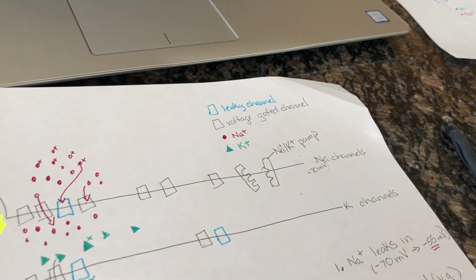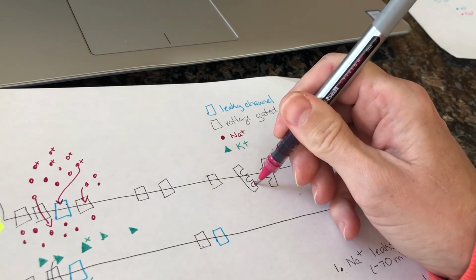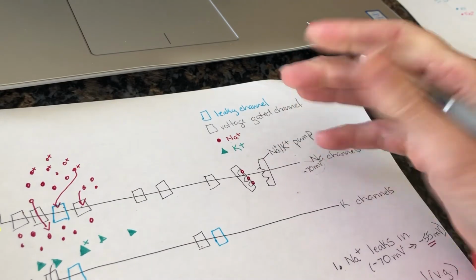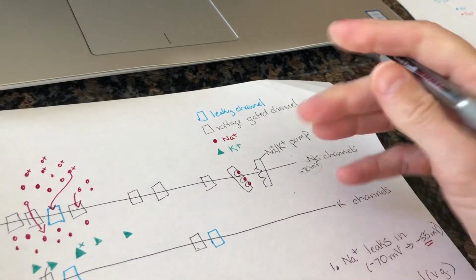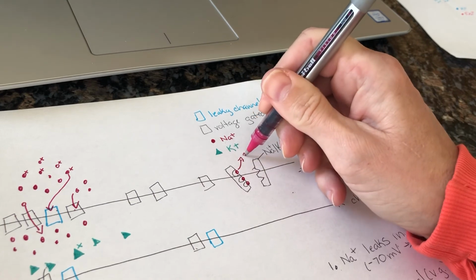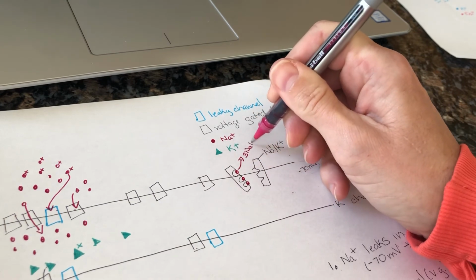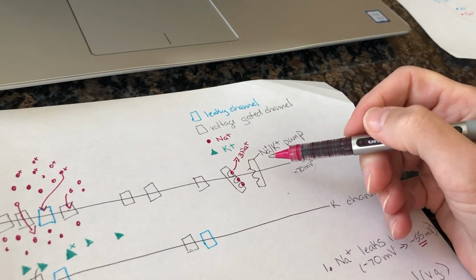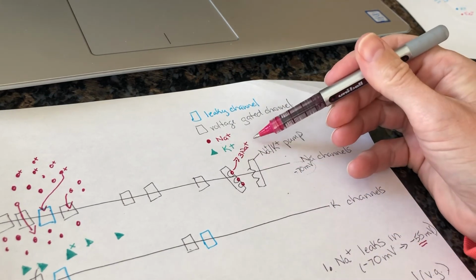Now, the sodium potassium pump turns on, and this is what it does. Notice there are 3 spots for sodium. This will close up, if you can imagine these are together. This closes up, and it transports 3 sodiums out. What is that going to do? It's going to restore negative potential.